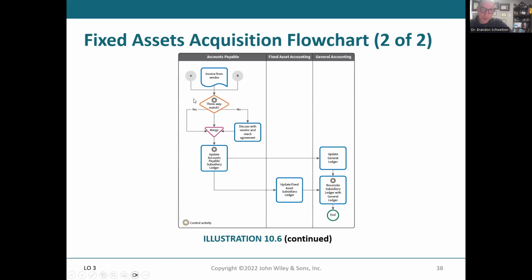And then, of course, once we receive the invoice from the vendor, we match it back to our requisition and purchase order to the receiving report. We update the accounts payable ledger. We eventually pay that ledger, reconcile that, and then, of course, the process ends.